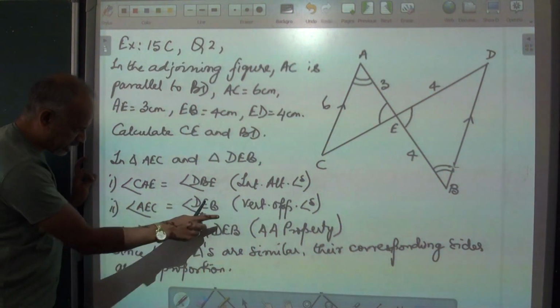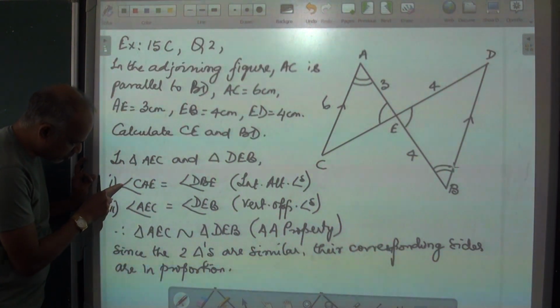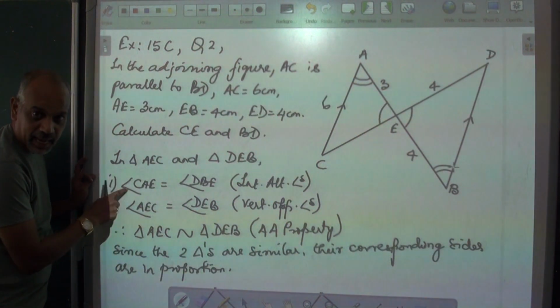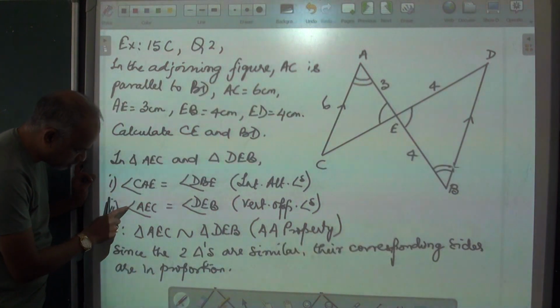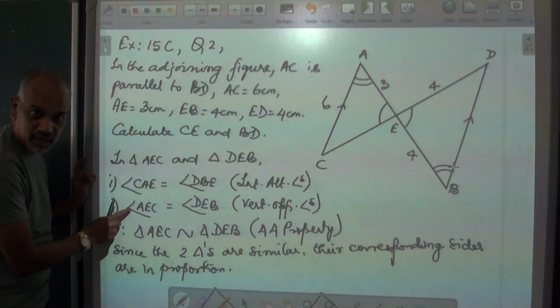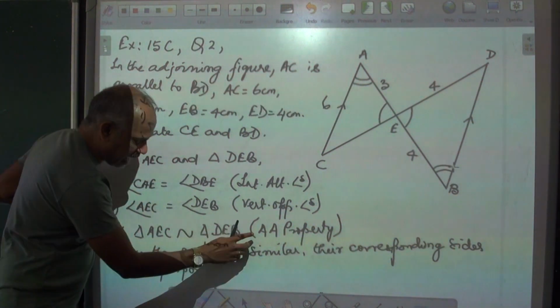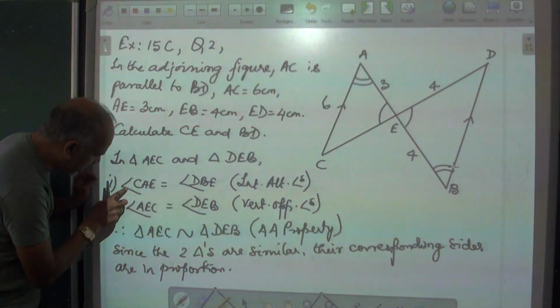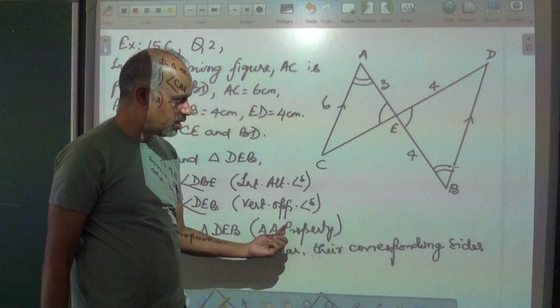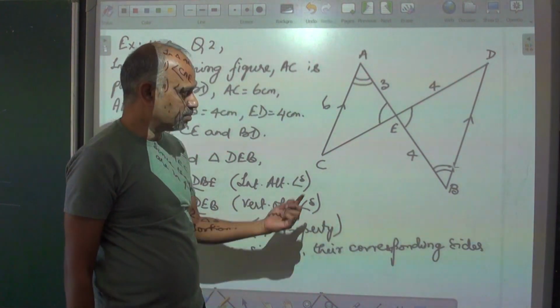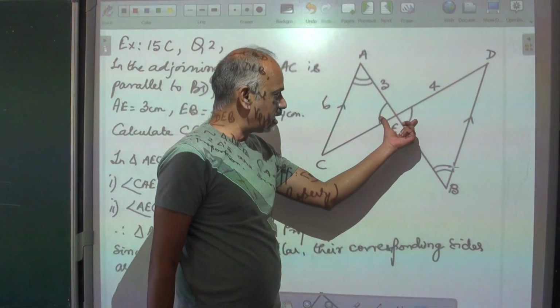For that, look at the marking here. This marking means an angle marking. For the second step you use the same marking, which means this is also an angle. So the property is angle, angle property. You can write AA property or AAA property.